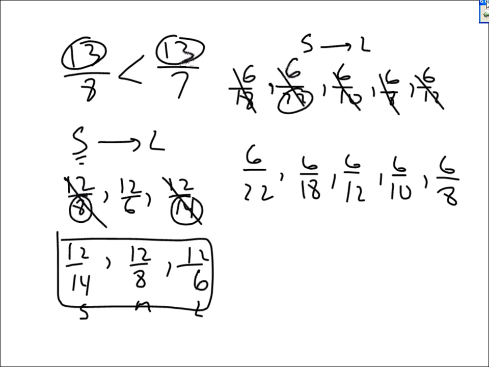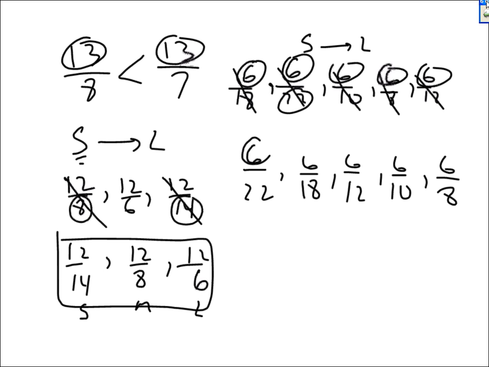Of course, this is very, very simple. You can do 50 of these problems and get them all right, and then when the test comes, you don't know how to do it. Why? Because you didn't memorize. If the numerators are the same, I'm given a number of fractions, and all the numerators are the same, then the one with the largest denominator is the smallest.